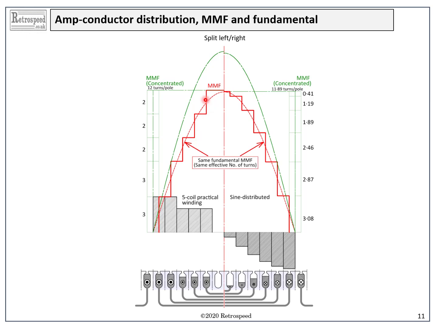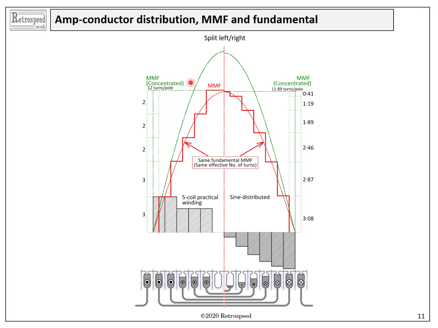Then by Fourier's series, we extract the fundamentals of the MMF waveforms. These are plotted in red dashed lines. And the whole diagram is scaled so that we get the same fundamental MMF sine wave for both windings.